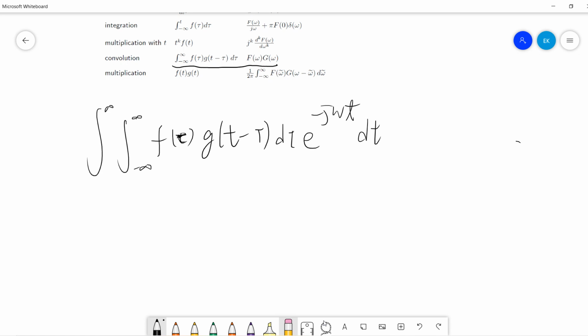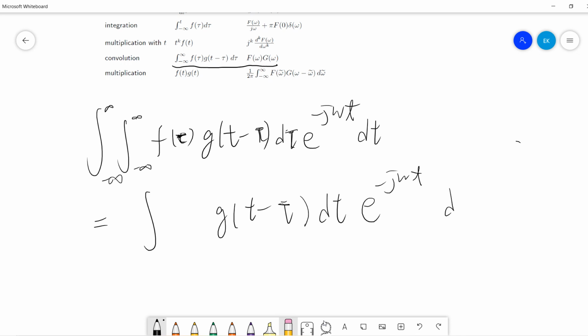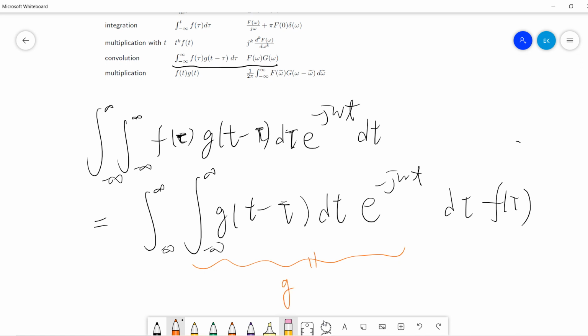So this is the Fourier transformation, and we combine all the parts that have the t part, so we get the f(τ) dτ. We combine all the t into here, dt. And this term is basically G of omega. We already proved it. Basically it's the shifted one, so it becomes this.